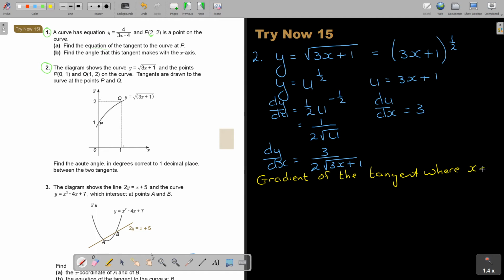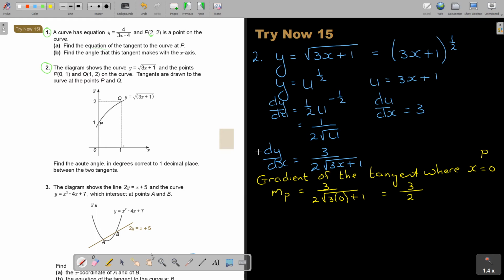First x is 0. That will be actually as indicated P. So I just substitute. Let's call it MP. And that will be 3 over 2 root of 3 times 0 plus 1. And that is 3 over, this is just 2. And that is the gradient, 3 over 2.